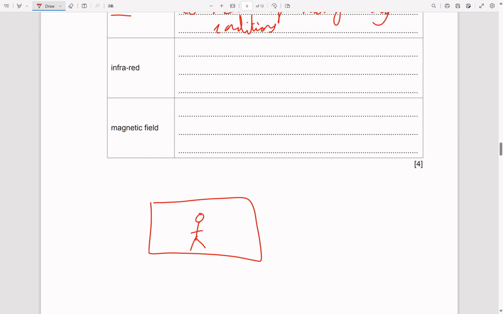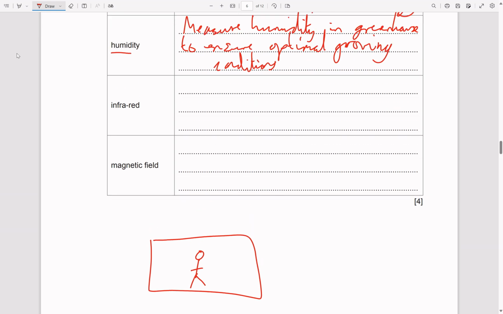So let's say in a security system, to detect intruders in a building.